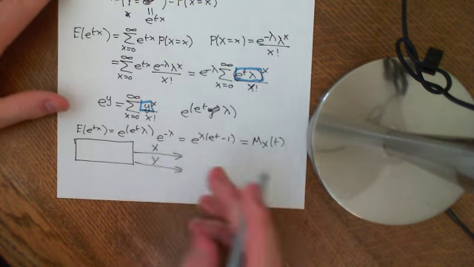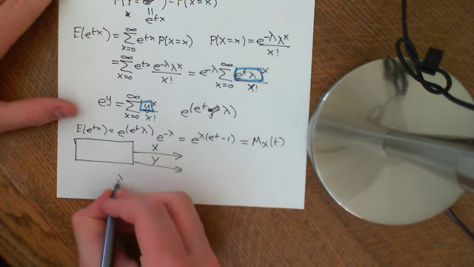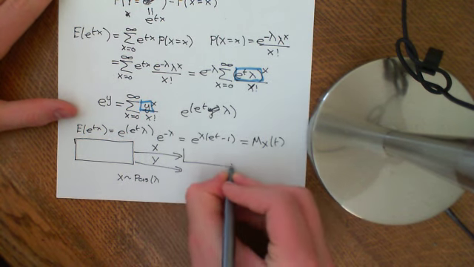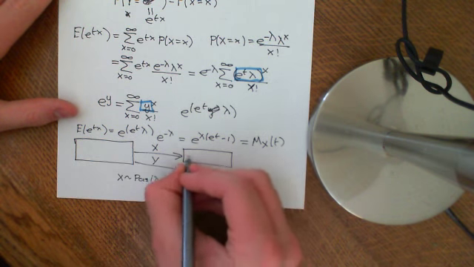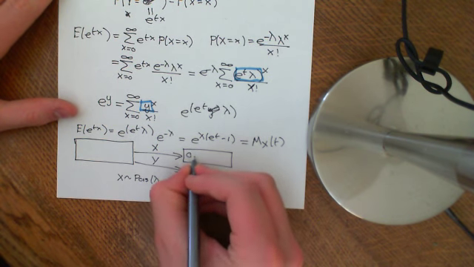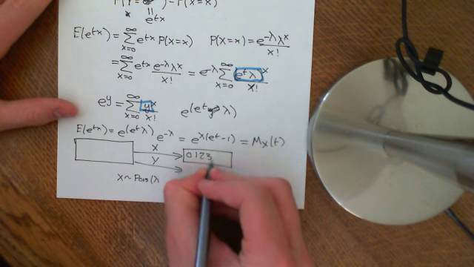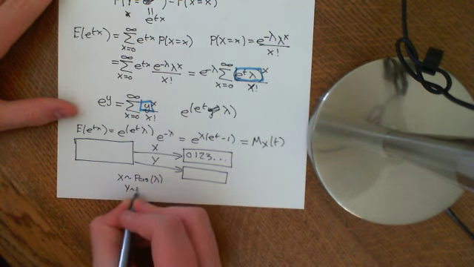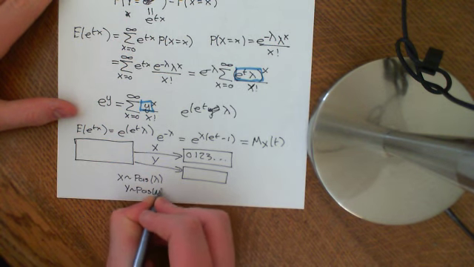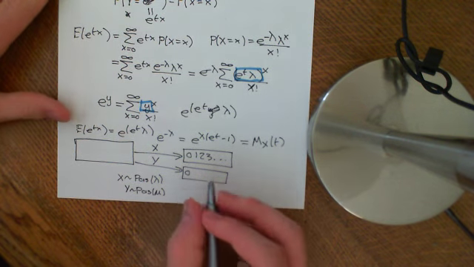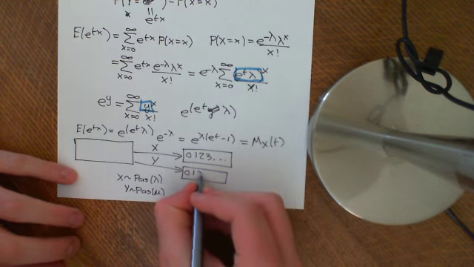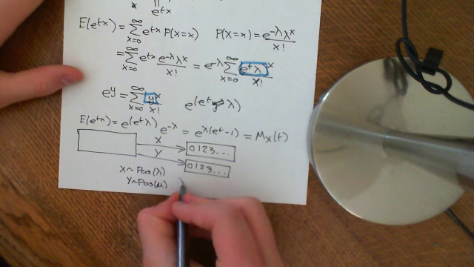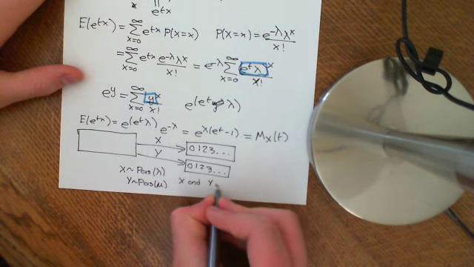We've just got two random variables here, and x is Poisson distributed with some parameter lambda, so it's going to map all of these outcomes onto the positive integers 0, 1, 2, 3, etc. And y is also Poisson distributed with some parameter mu, and it's going to map all of these outcomes here onto 0, 1, 2, 3, all the positive integers as well. Okay, and x and y are independent.